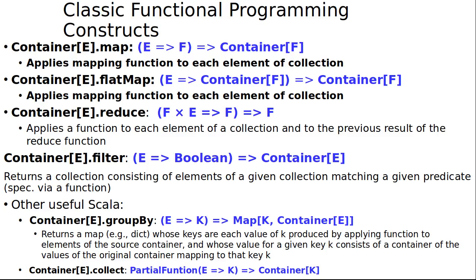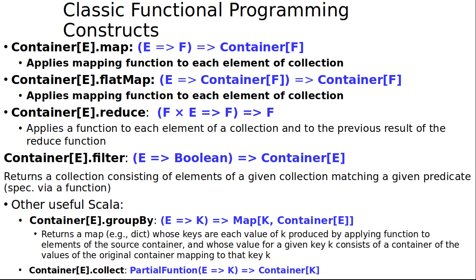So you pass in a partial function, something that handles just certain cases, and those are the ones that are included in the function as applied. Then you get back the results of that function. Okay.